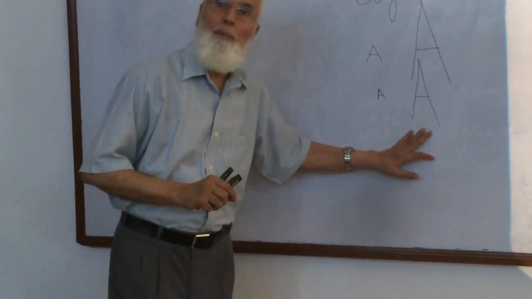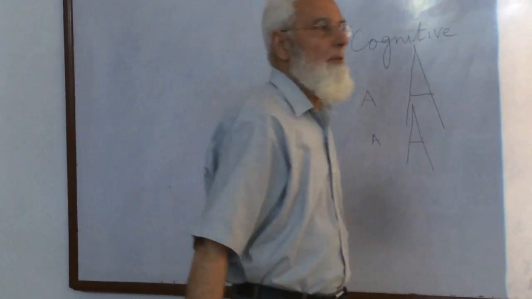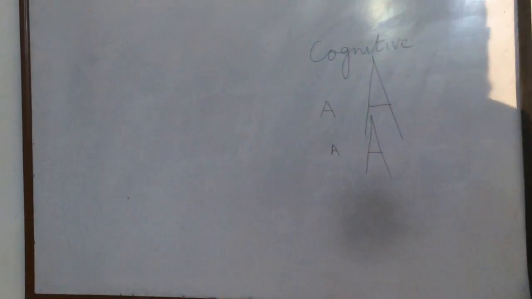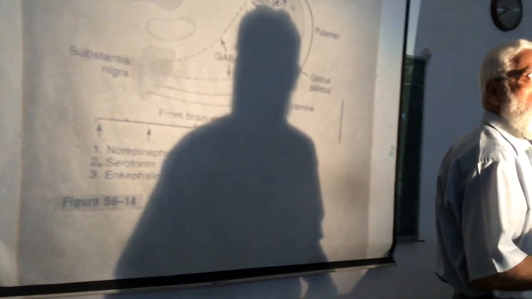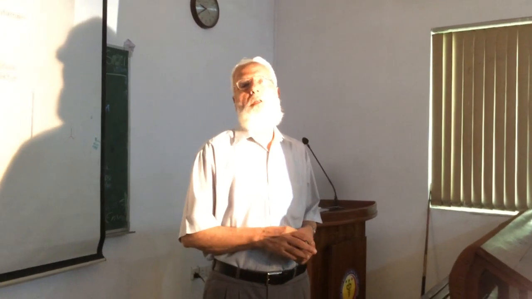I can write letter A rapidly. So in this function, the basal ganglia controls how large the movement will be and how rapid the movement will be. Now in this function, there is involvement of the caudate circuit.